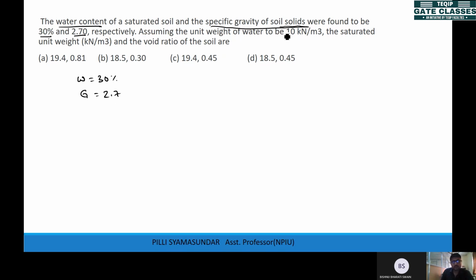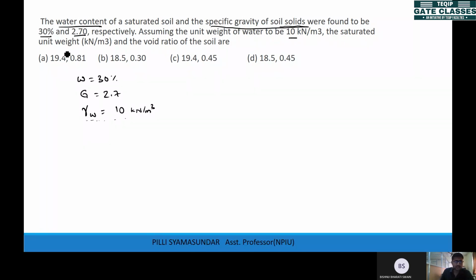Assuming the unit weight of water to be 10. We have been telling that unit weight of water is generally close to 9.81, but for simplification purposes sometimes you may take 10. So here it was mentioned, so you have to use gamma W as 10, not 9.81.